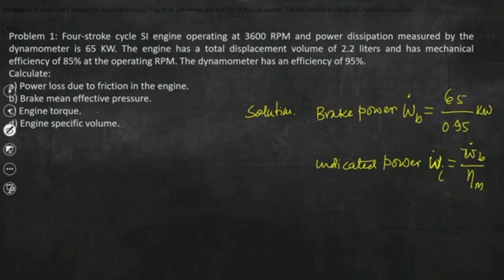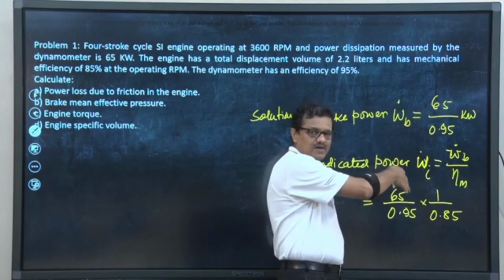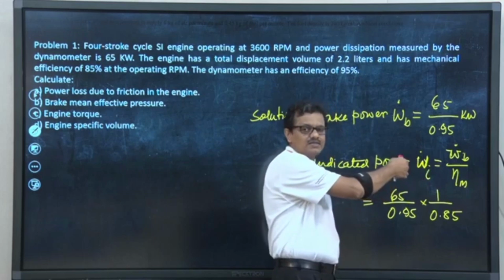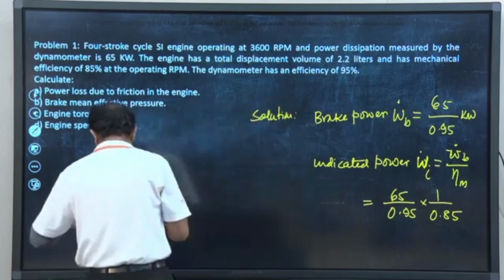So, if we know the mechanical efficiency, that would be 65 divided by 0.95 into 1 upon 0.85. So, this is the indicated power. I am not going to calculate the numerical value because you can easily calculate it. If we can calculate brake power and we know the mechanical efficiency, which we have defined as nothing but the ratio of brake power to the indicated power, from there we can get it.